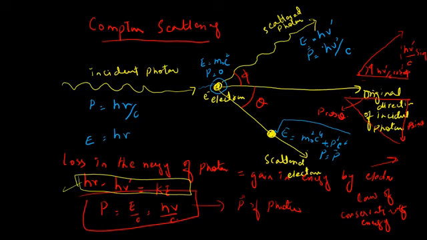This is the law of conservation of energy, and the momentum of the photon is E by c, which can be written as h mu by c. Now we go to the conservation of momentum.